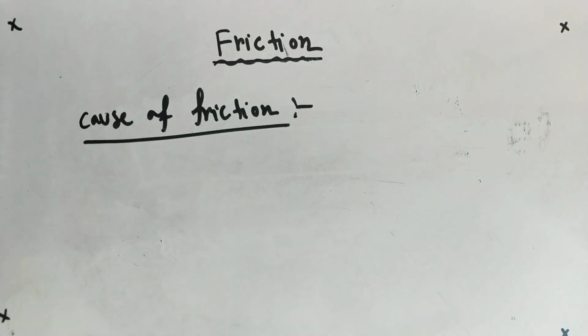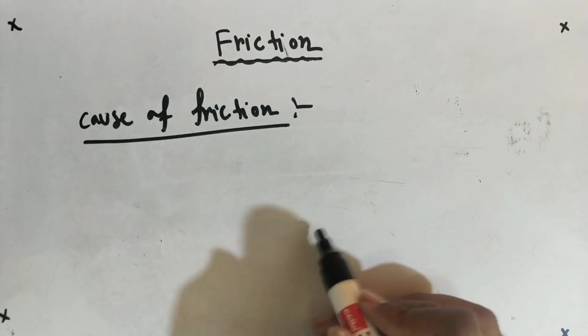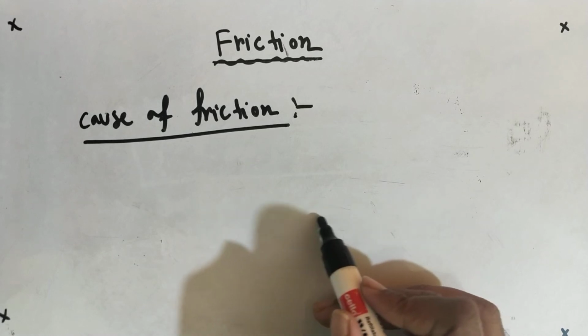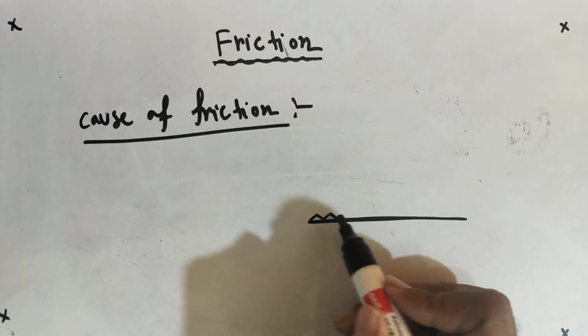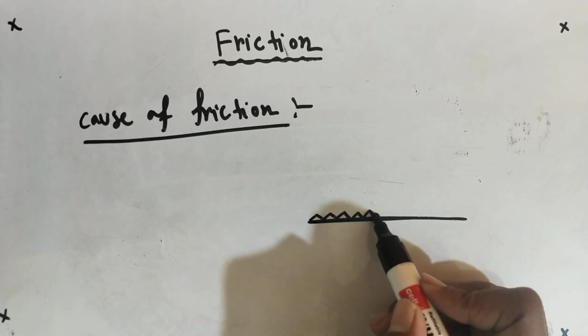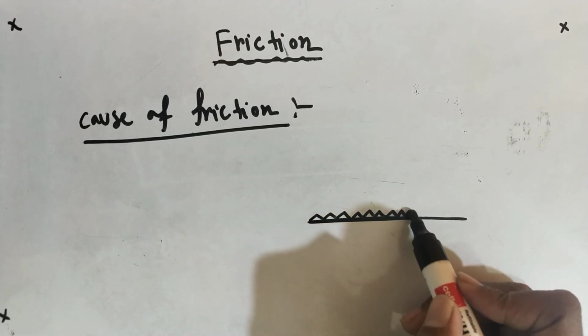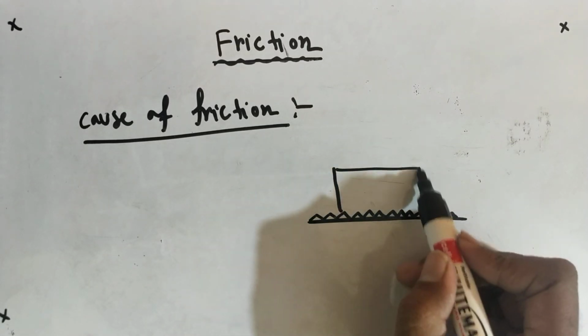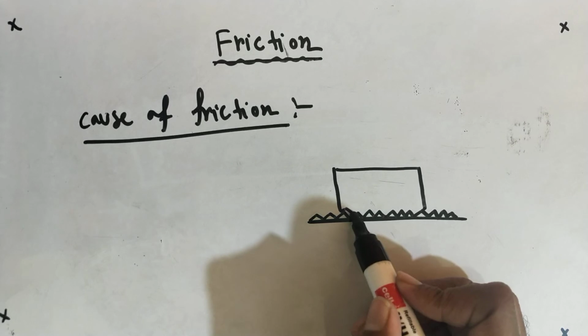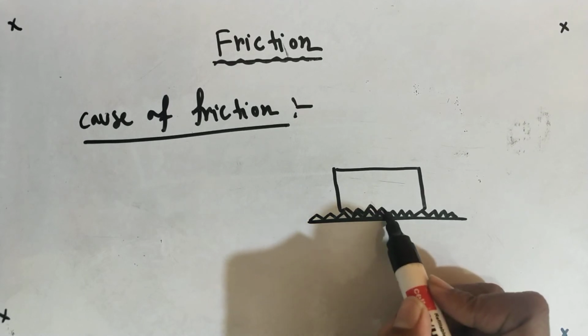You can find easily that the microscopic view of a surface is no longer smooth. The surfaces will be like this. Similarly, if you talk about this other surface, it will obviously be like this.